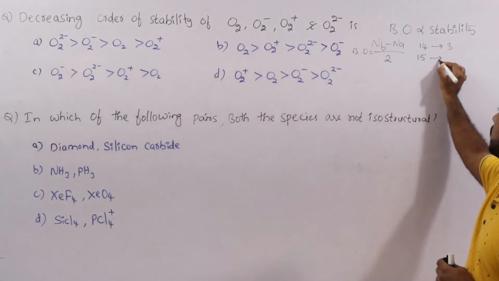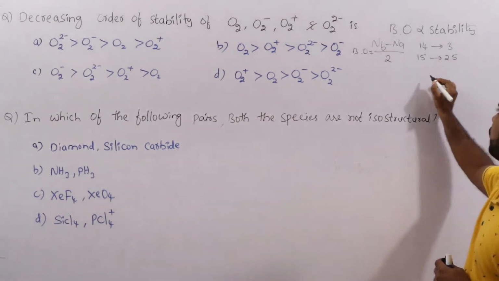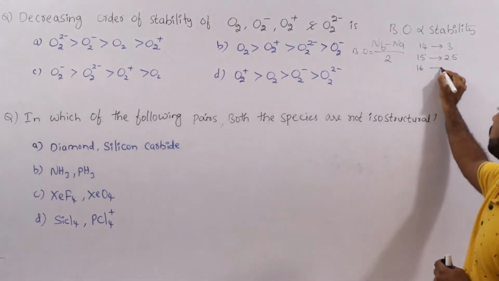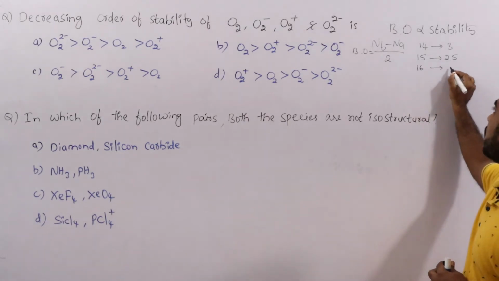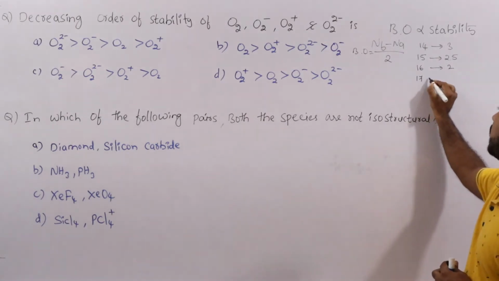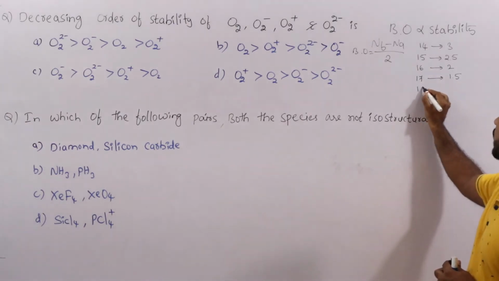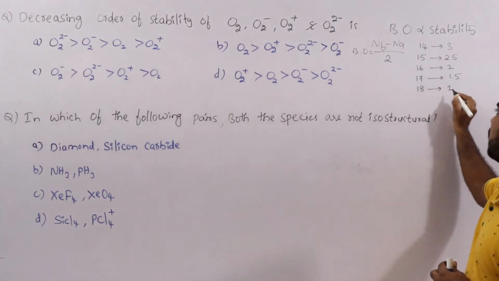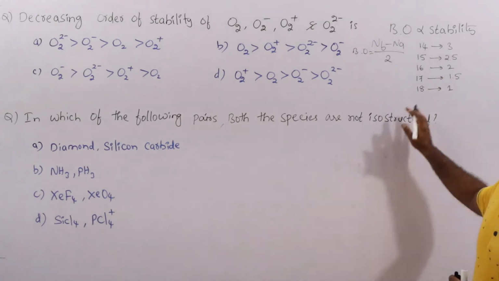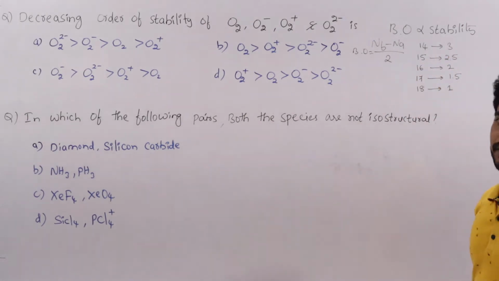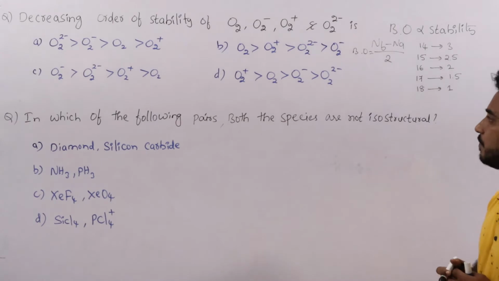For 15 electron species, bond order 2.5. For 16 electron species, bond order 2. For 17 electron species, bond order 1.5. For 18 electron species, bond order 1.